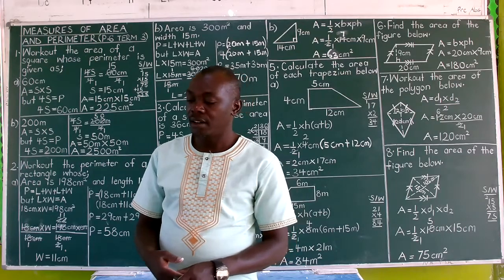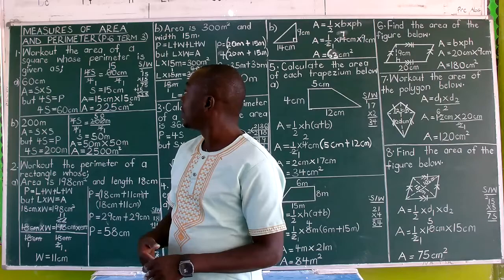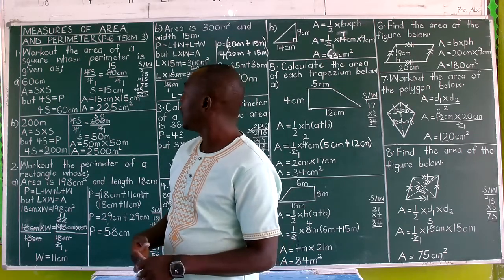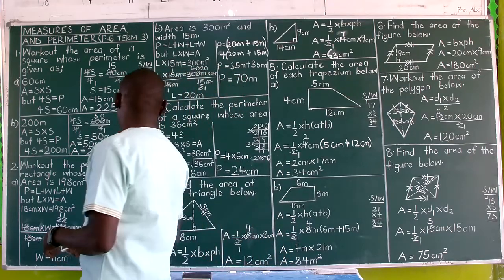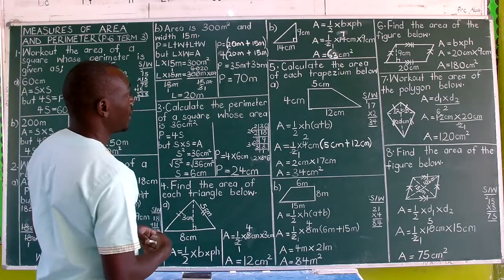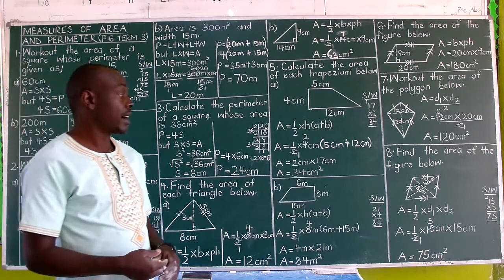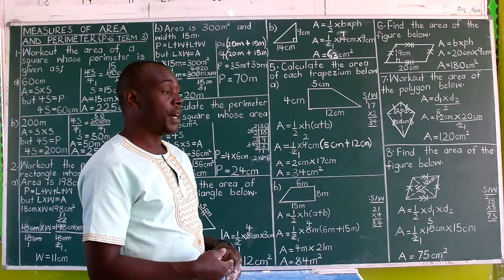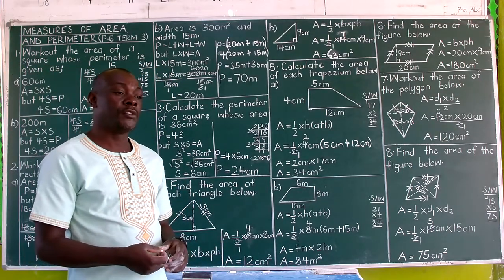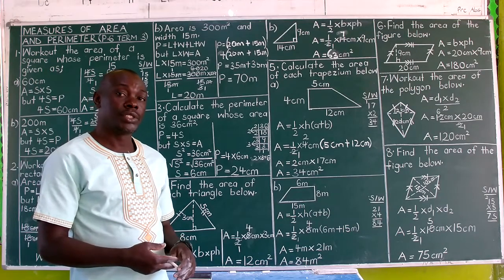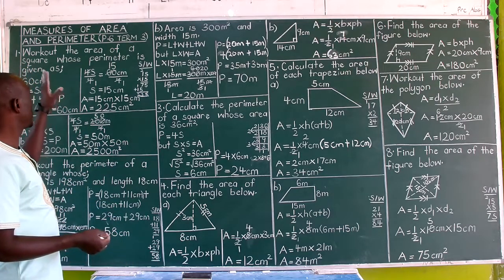So now we are majorly looking at the area and perimeter of shapes like a square, rectangle, as well as a triangle, and the polygons like trapezium, as well as a kite and a parallelogram. Ensure you follow and see what I have for you today, because it is very helpful, and then you will be able to answer.